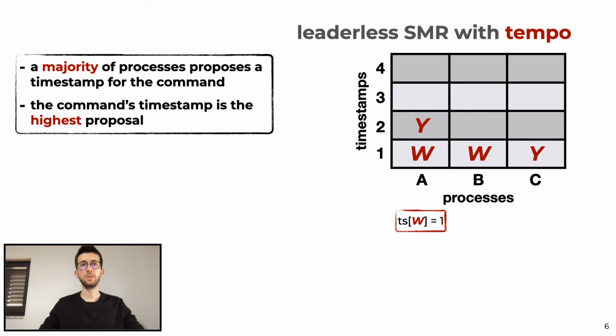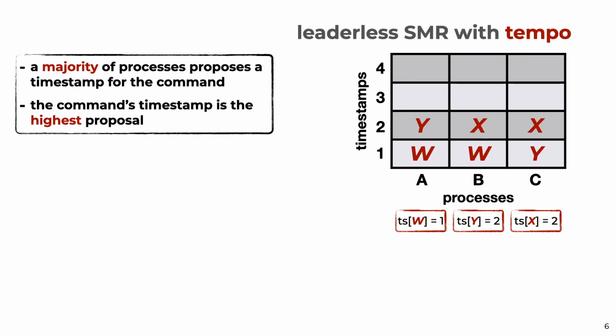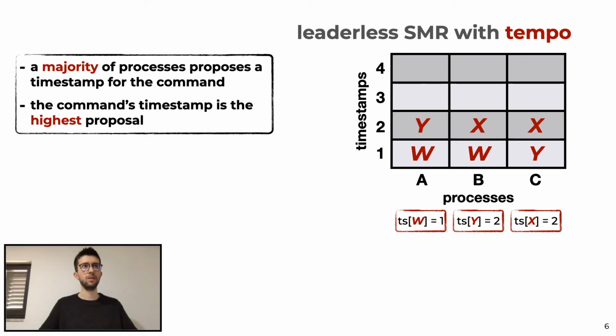Since the command's timestamp is the highest of the proposals, command Y is committed with timestamp 2. Finally, command X is received by majority B and C, both propose timestamp 2, and thus command X is committed with timestamp 2 as well. So this is how Tempo computes the timestamp of commands.